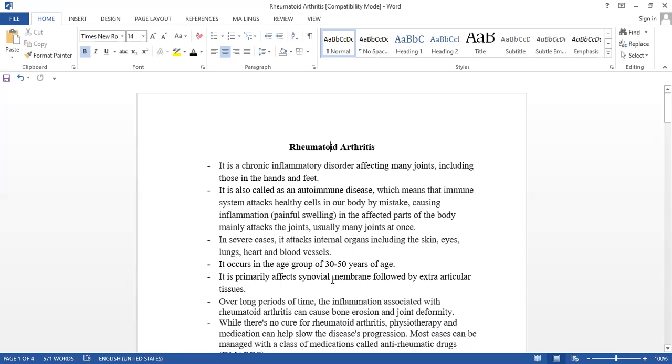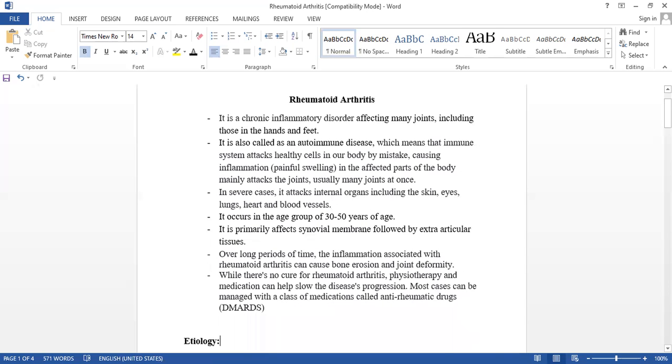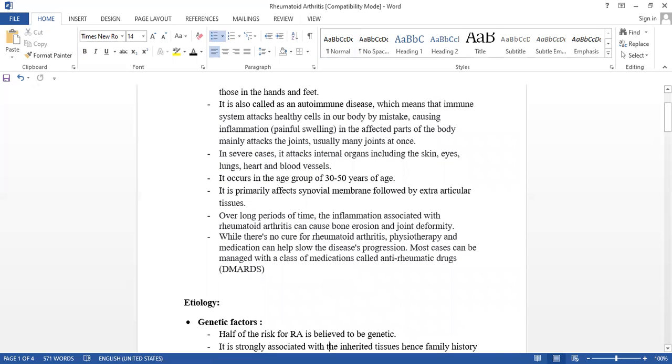But primarily it affects the synovial membrane and then is followed by the extra-articular tissues. Actually, there is no cure for rheumatoid arthritis, but we can slow the disease progression with the help of physiotherapy and proper medications.